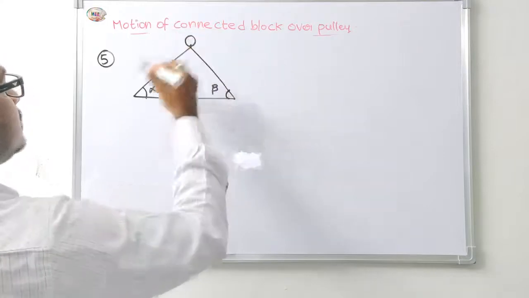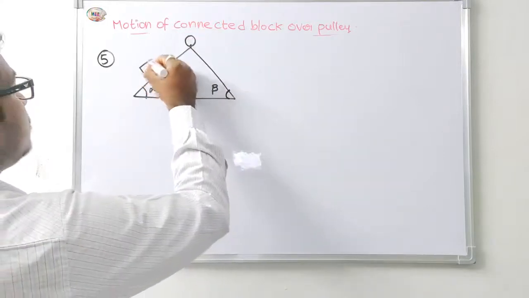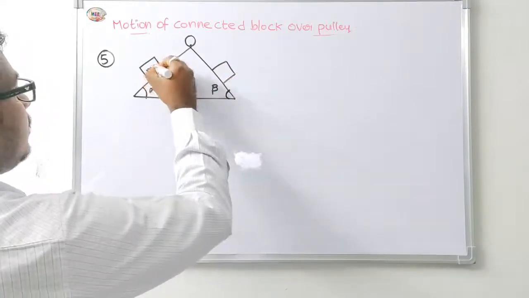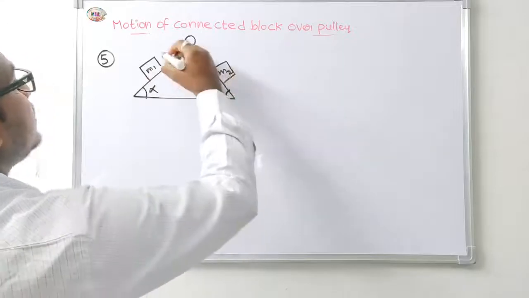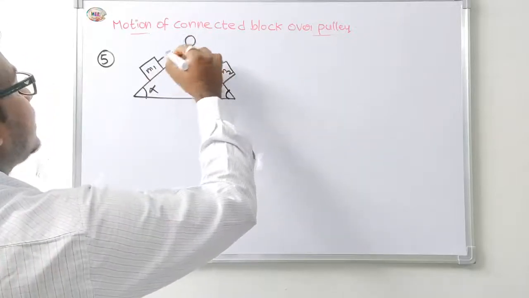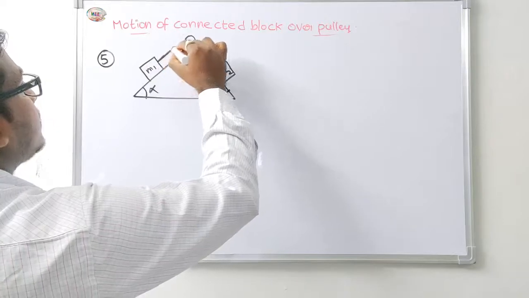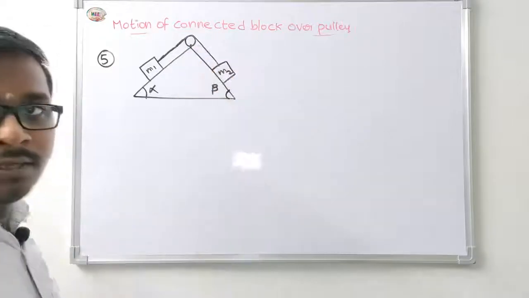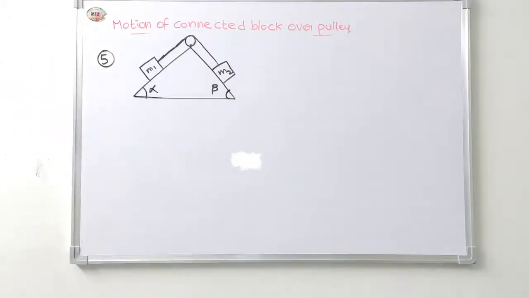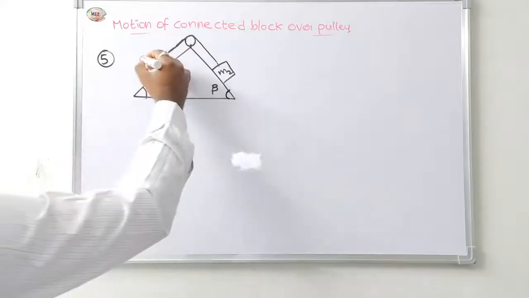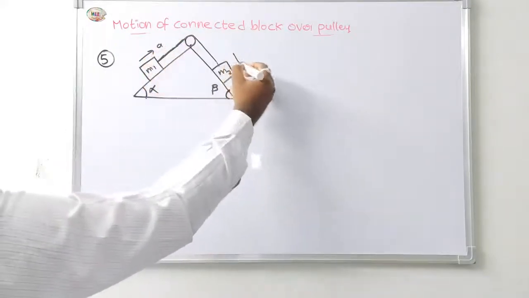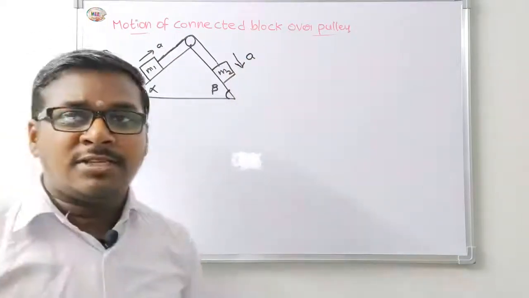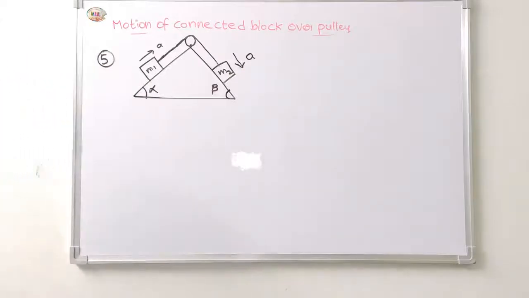Two blocks, M1 and M2, are connected by a string passing through the pulley, and the acceleration is acting in the forward direction. Then find out the tensional force and the acceleration of the blocks.